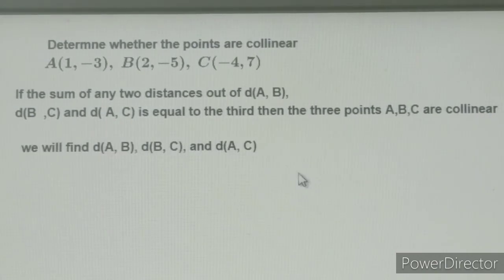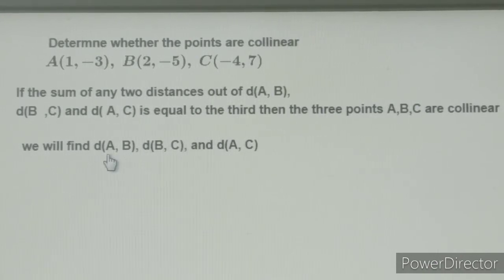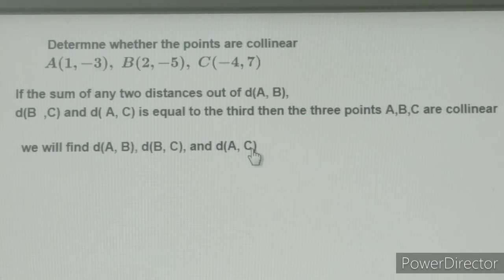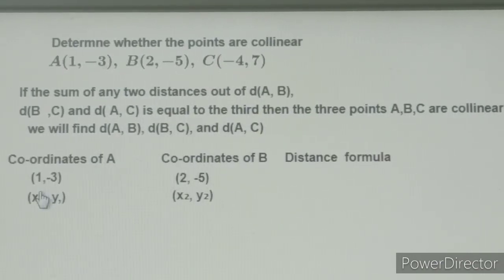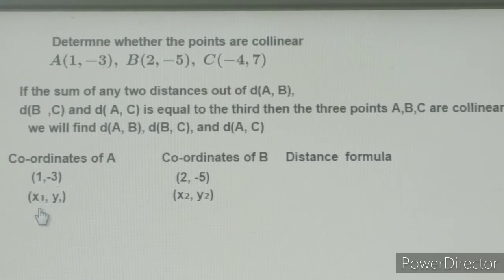By using the distance formula, we will find distance AB, distance BC and distance AC. We have coordinates of A, 1, -3. Let it be x1, y1. x1 is equal to 1 and y1 is equal to -3. Then coordinates of B are 2, -5.